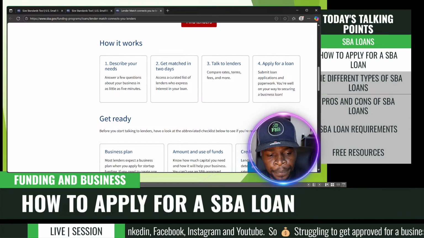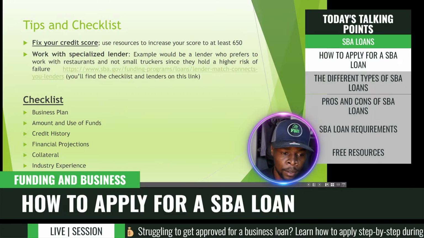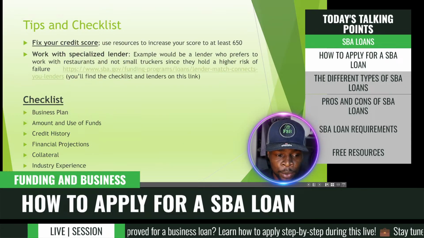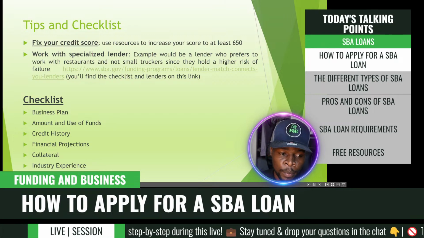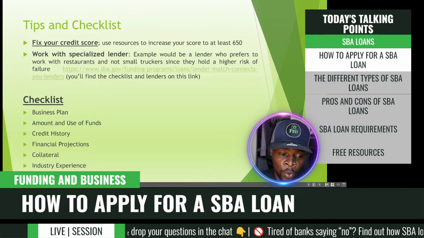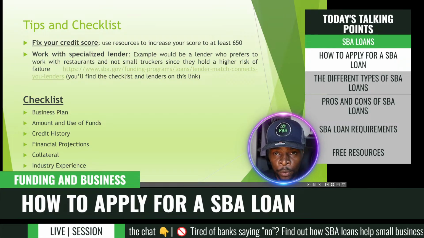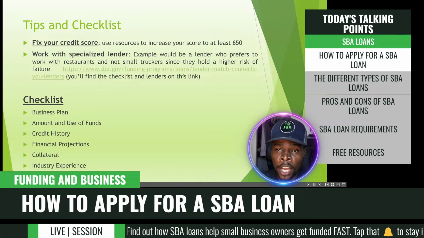All right, now as we were saying again, this is the checklist that you need to have. You need to have a business plan. You need to know the amount of funds that you want and what you're going to use it for. You need to check your credit history, and then you need to have financial projections.